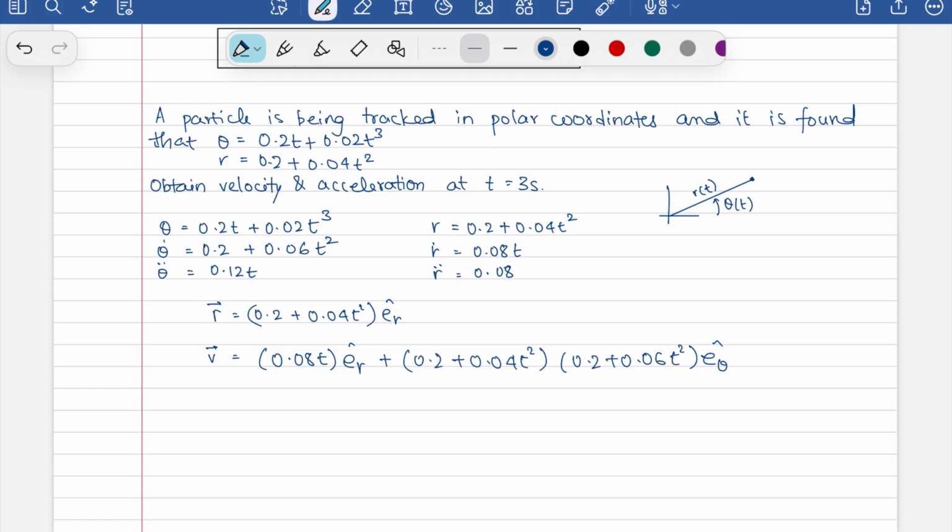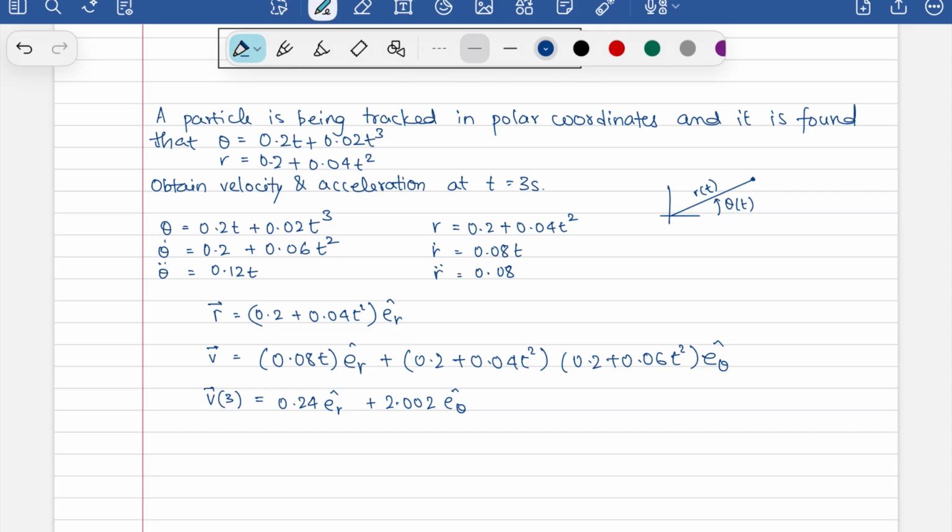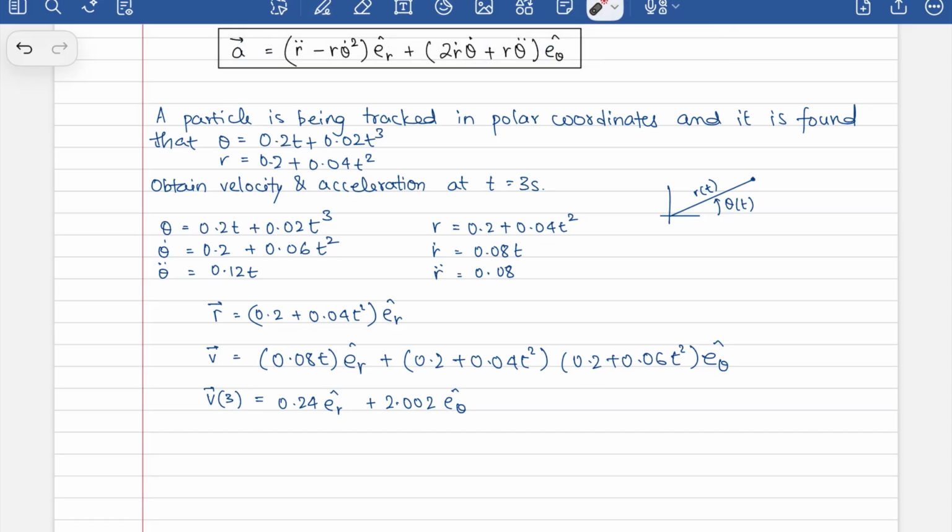Okay, now what does the question ask you? It asks you at the time of 3 seconds. So you just have to substitute t is equal to 3 and you will obtain 0.24 e_r hat plus 2.002 e theta hat. It's just a matter of substituting t is equal to 3 in these positions.